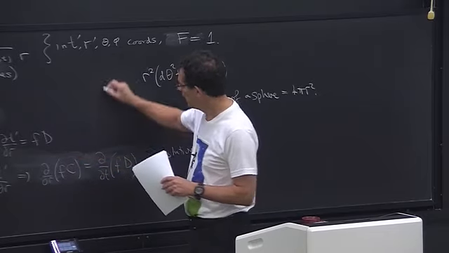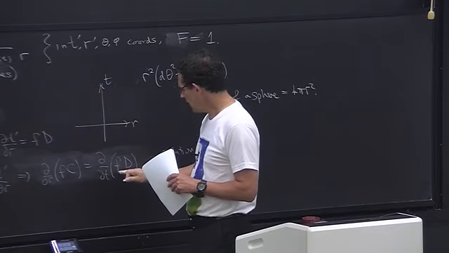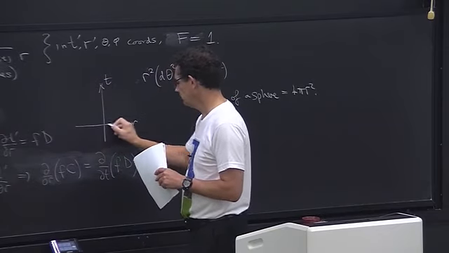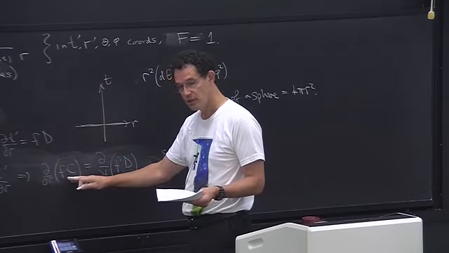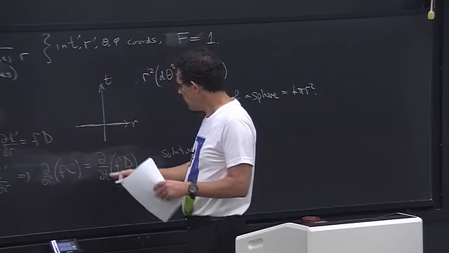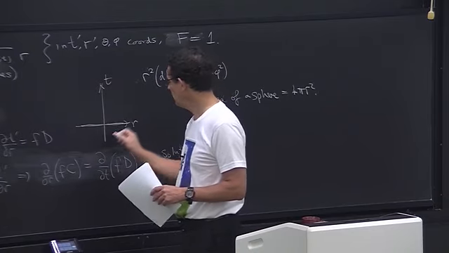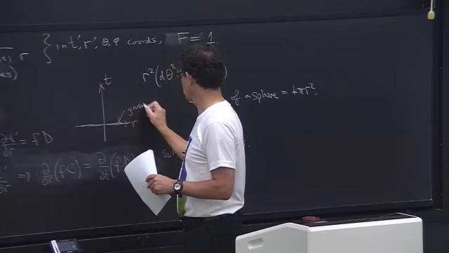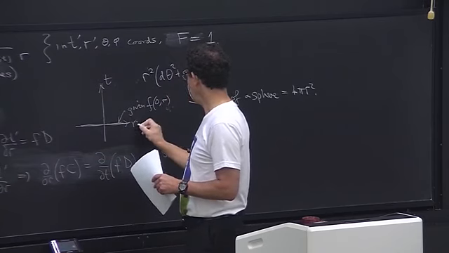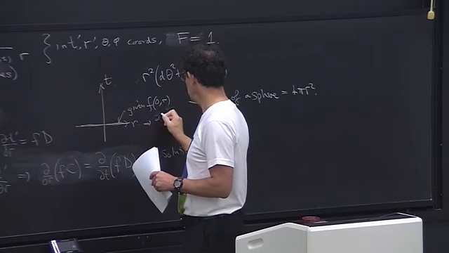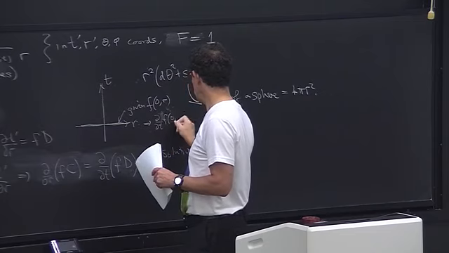If I think of t as one axis and r as the other, given this function at t equals 0, I can work out its derivatives. I can work out the derivative of the right-hand side. And this will tell me the first time derivative of the function at t equals 0. So given f at 0 and r, this equation will give me d/dt of f at 0 and r.